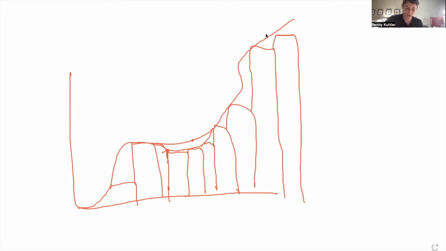So we notice that if we keep chopping these up into smaller pieces, then instead of here, we'll go like here. And instead of here, we can go like here and there. The point is, it's getting more accurate the more rectangles that we add.